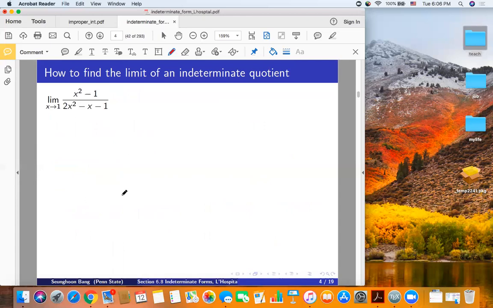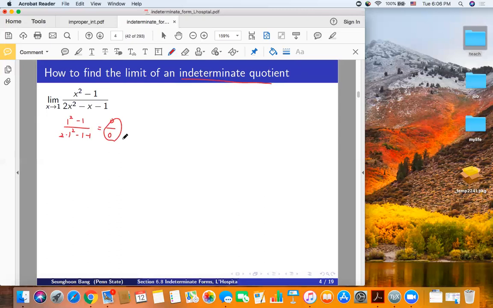So here, you plug 1 into the top and the bottom, what happens? 1 squared minus 1 over 2 times 1 squared minus 1 minus 1. Top is 0. Bottom is 2 minus 2, also 0. Exactly an indeterminate quotient of type 0 over 0. So how can you solve? I want to use the algebraic method.